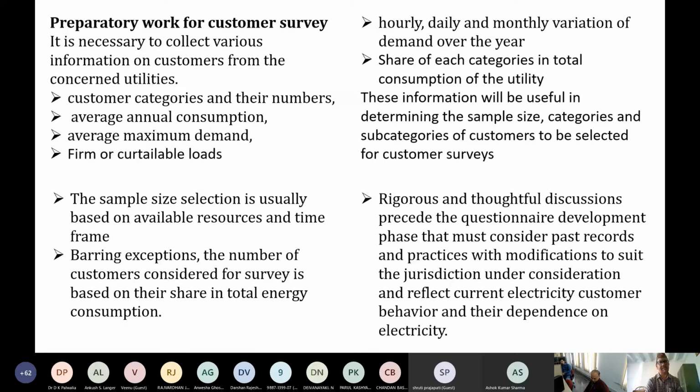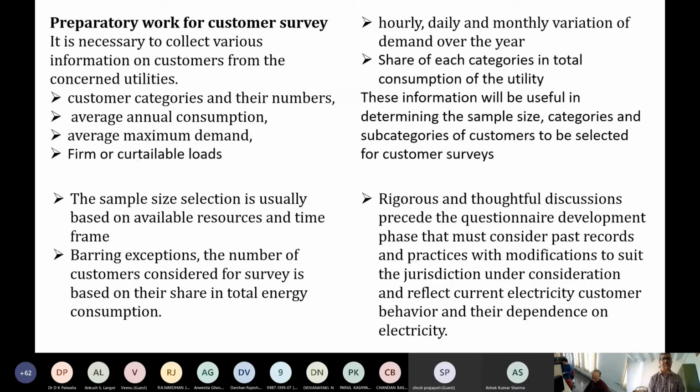How many industrial customers, how many commercial customers, so that we can know the representative sample for residential, commercial and industrial customers. And what is the average annual consumption for each customer category?